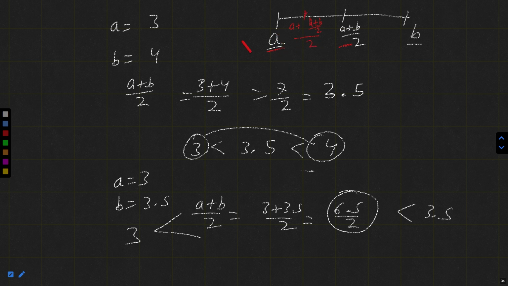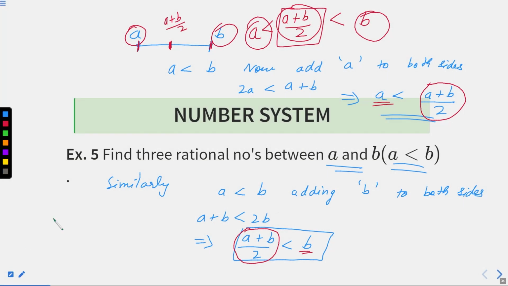Again, if we apply it on these numbers, we again get some number here. So we can find as many numbers as one asks using just the (a+b)/2 formula. Okay, clear?